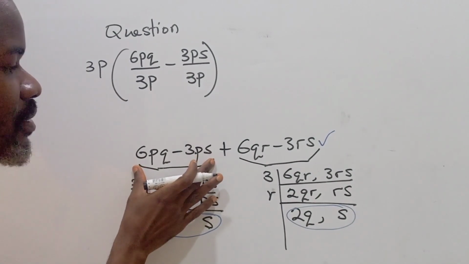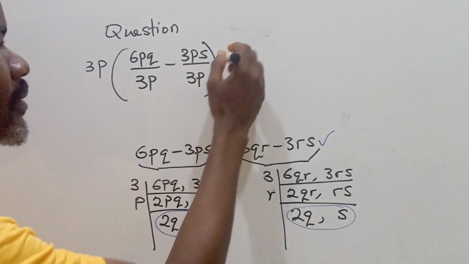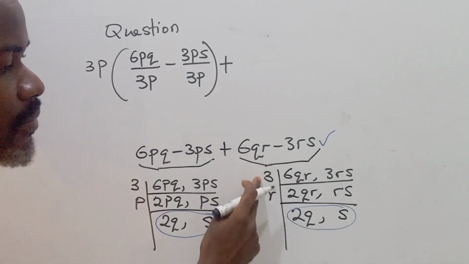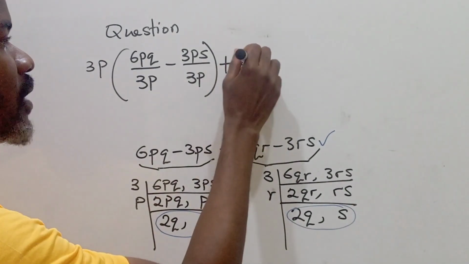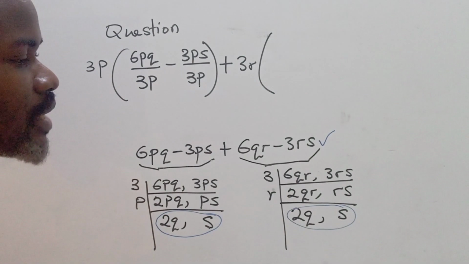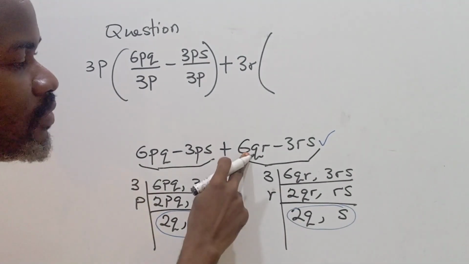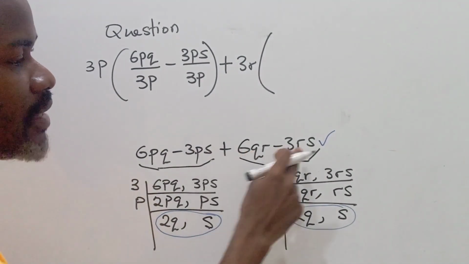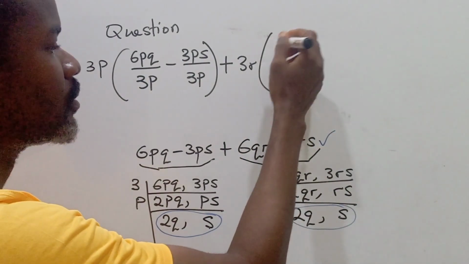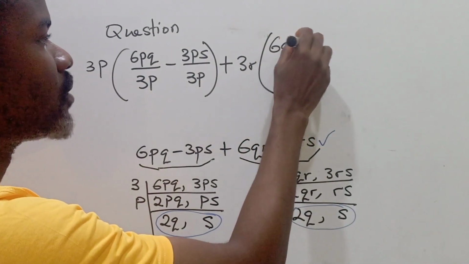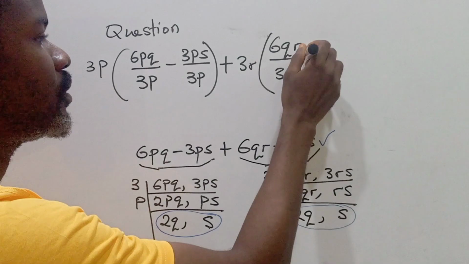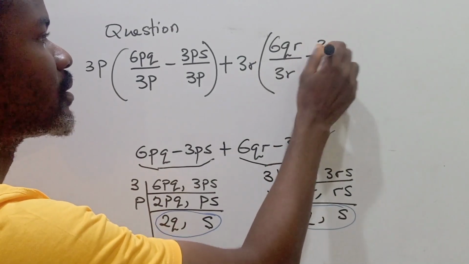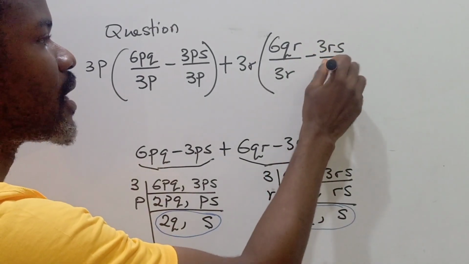That's how to factorize this part. Now plus, we have 3 times r, which gives us 3r. We are going to do the same: divide by 3r. So I have 6qr divided by 3r minus 3rs divided by 3r.